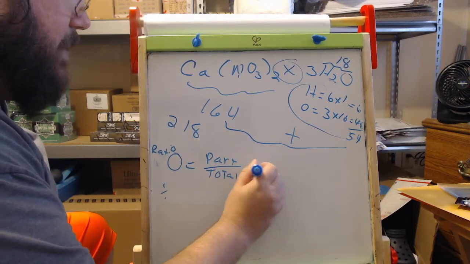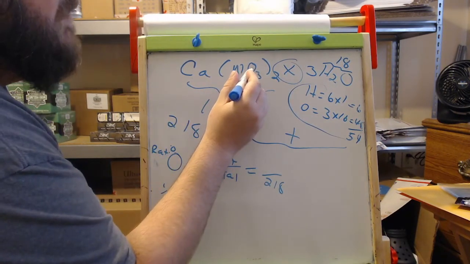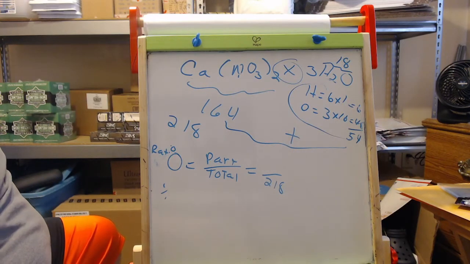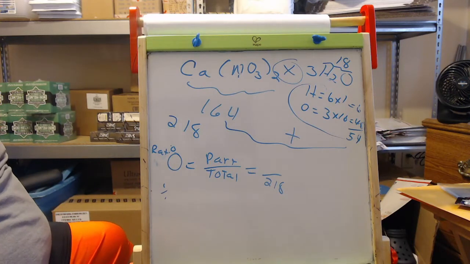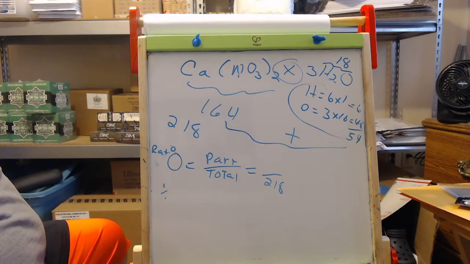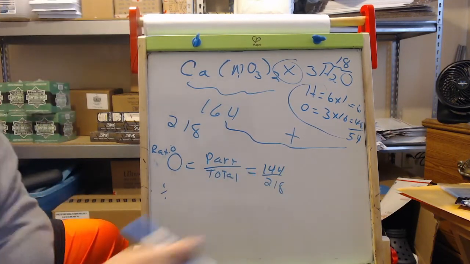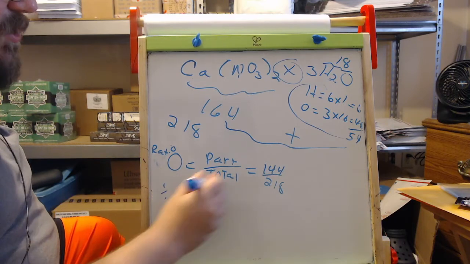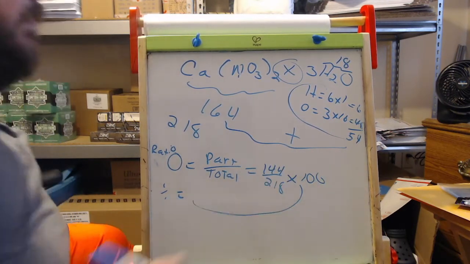The total is 218, and now I have to figure out each oxygen. I've got 6 oxygen here and 3 there for 9 total, so 48 and 96, which is 142. No, that's wrong, 144. So it'd be 144 over 218 would be the ratio, and if I wanted to find the percentage, I would multiply that by 100.